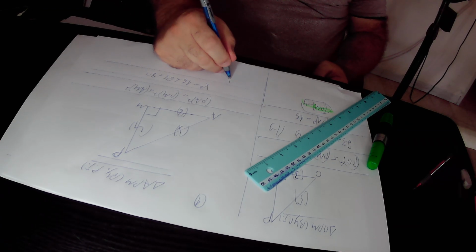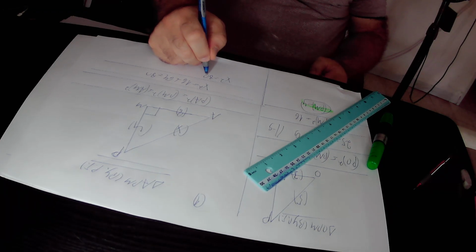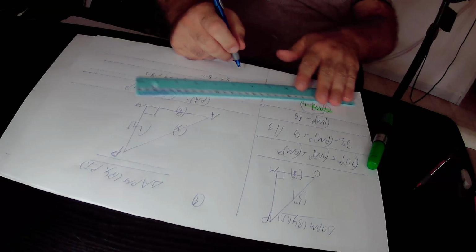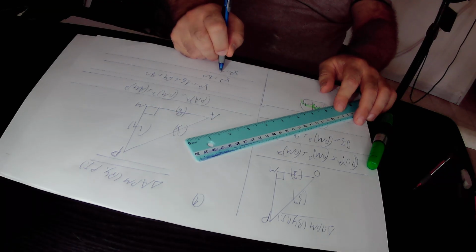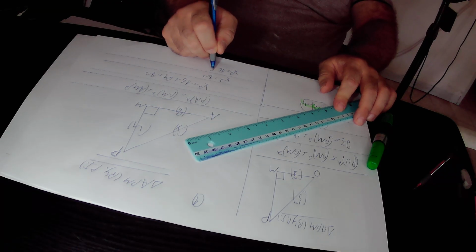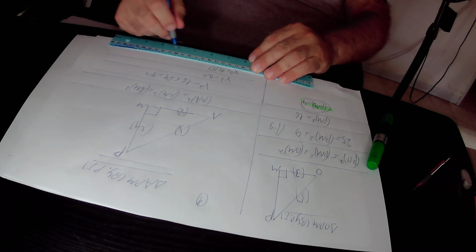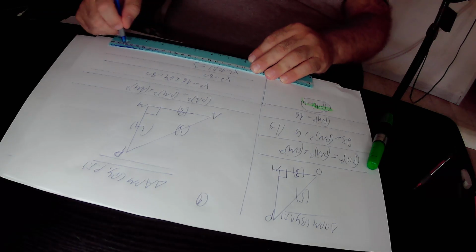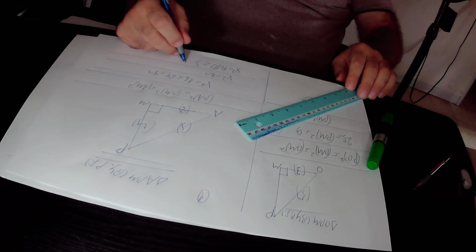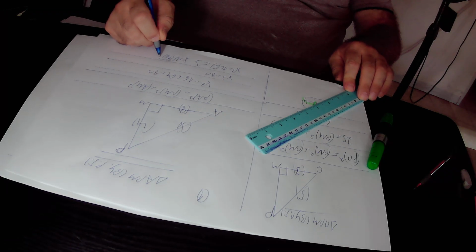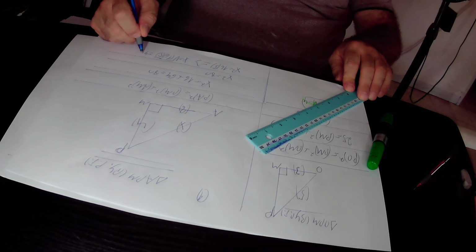So X squared equals 80. Here we will substitute 80 by 16 times 5. So X squared equals 16 times 5. So here we take a root of this equation. And finally we get that X equals the square root of 16 times 5. The square root of 16 is 4. Inside the root we leave only 5.